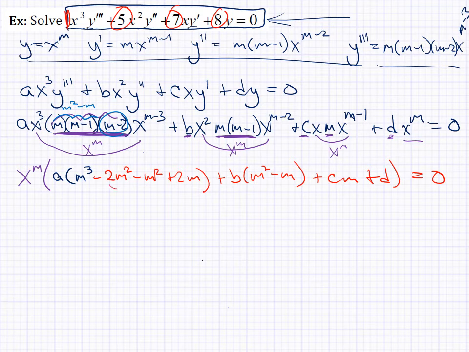Now, this is actually going to give me 3m squared. So now if I start grouping like terms, we get x to the m times am cubed. We're going to get 3am squared, and we have a bm squared, so minus 3, sorry.